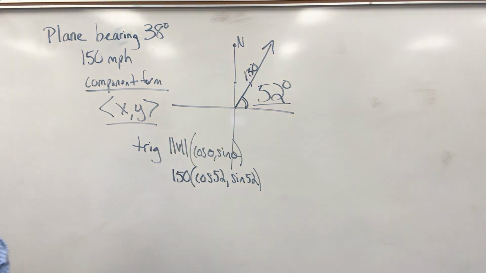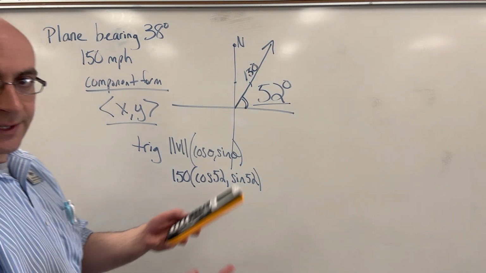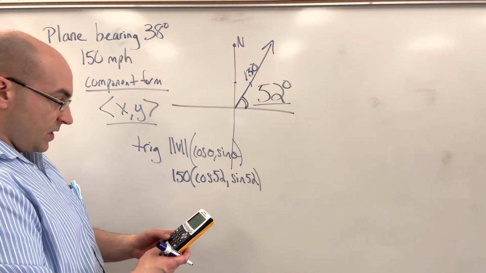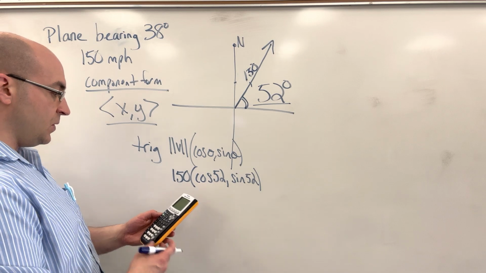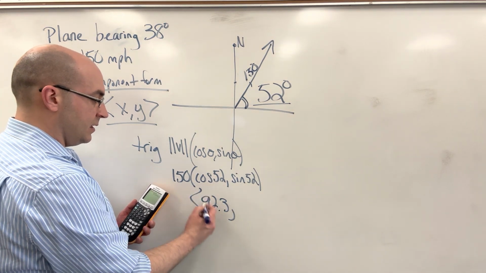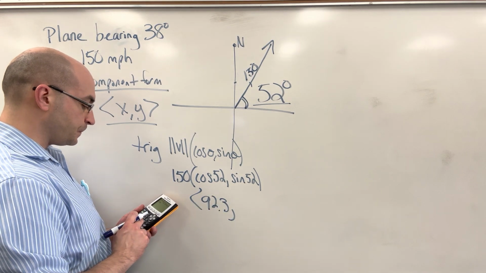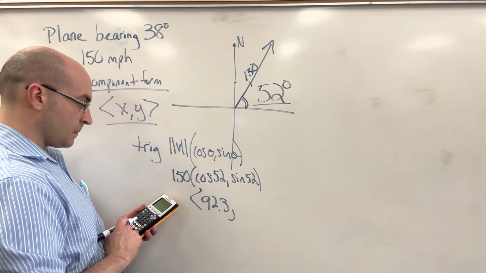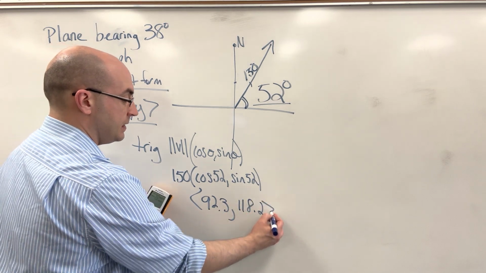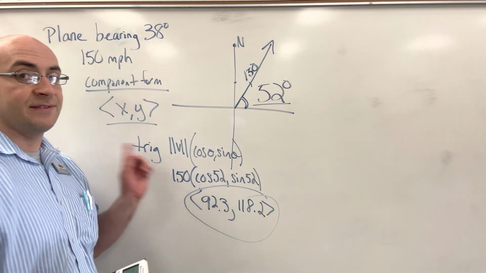We're going to distribute that out and make sure you're on degrees. We're not going to be on radians or anything here. So 150 times cosine 52 is 92.3, comma, 150 times sine 52 is 118.2. This is the component form of that vector.